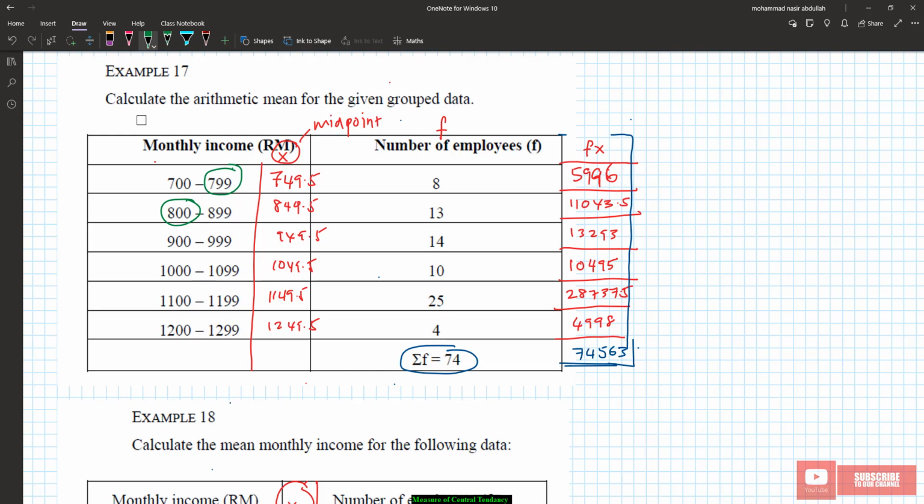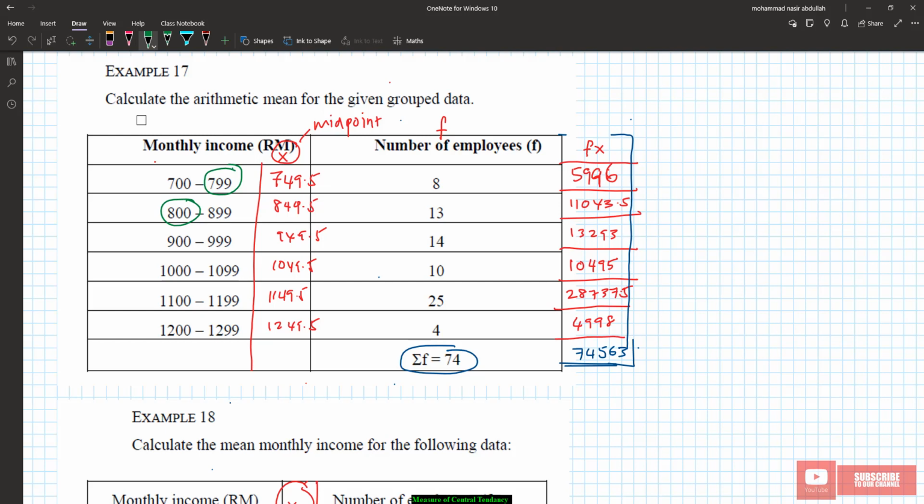So you need to calculate a class boundary. If you don't want to calculate the class boundary, also can. But the point is, by this range of values, we don't know the exact value of x. So we need to calculate the value of x.